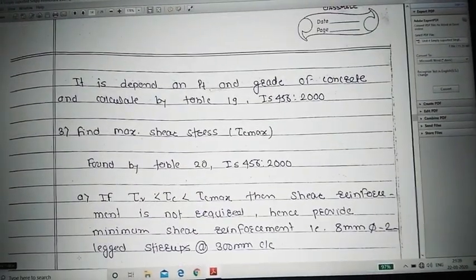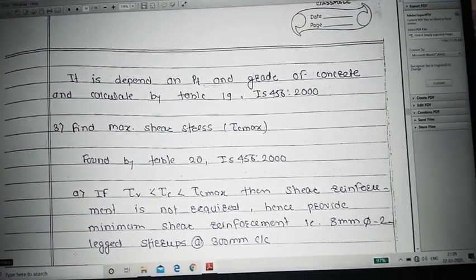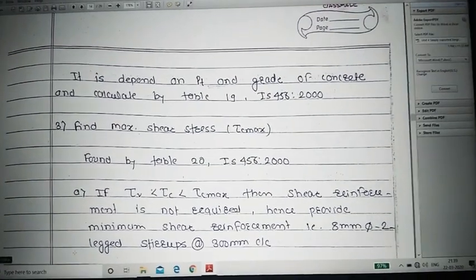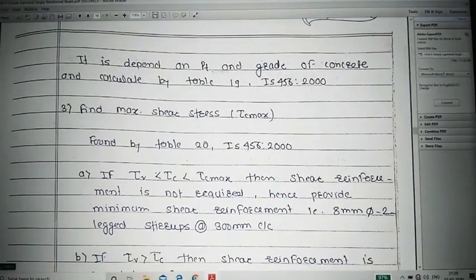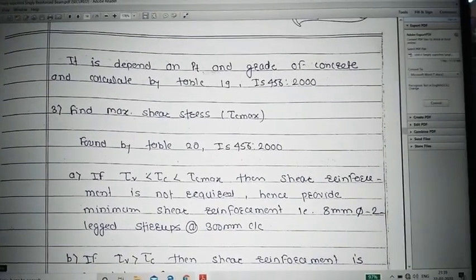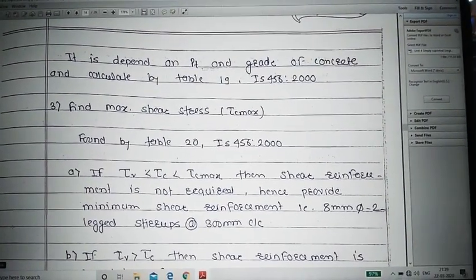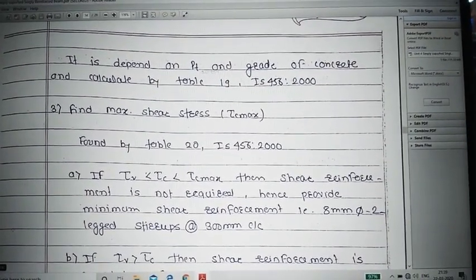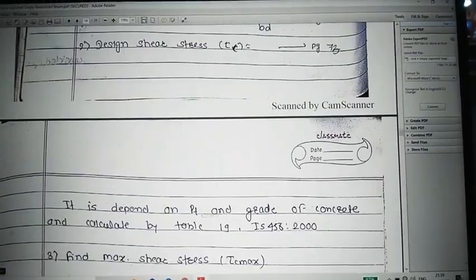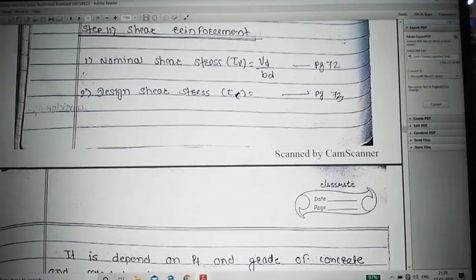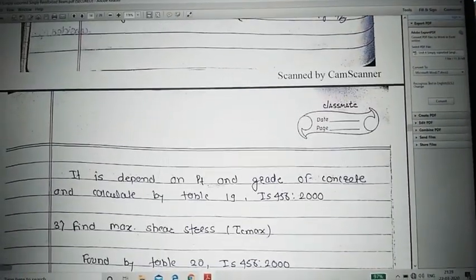Now after that, calculate maximum shear stress, which is calculated as per table 20 of IS 456, and then compare tau v, tau c and tau c max, meaning nominal shear stress, design shear stress, and the maximum shear stress.